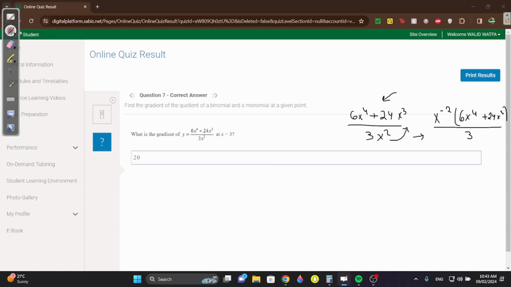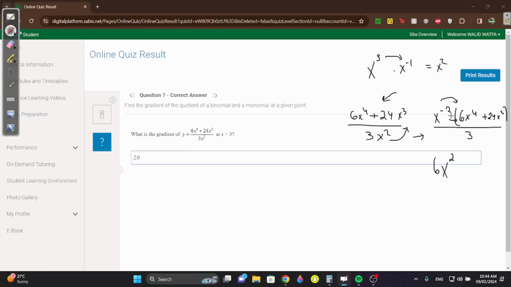Can you derive right now? No, you can't. You have to expand this, right? So expand it. X to the power negative 2 times 6x to the power of 4. You guys know when you have x to the power of 3 times x to the power of negative 1, you just do 3 minus 1, you get x squared. So in this case, minus 2 and 4, it will be 6x squared, because minus 2 plus 4 is 2.